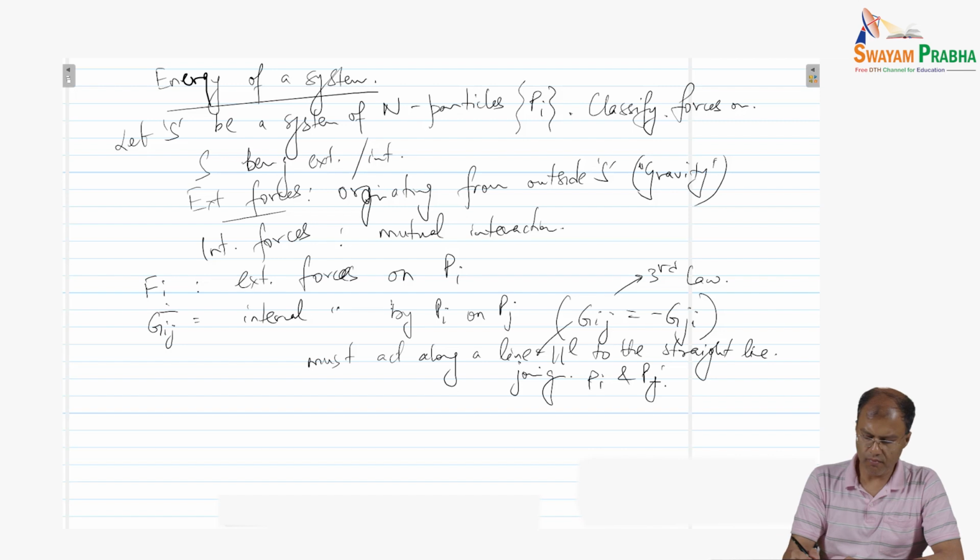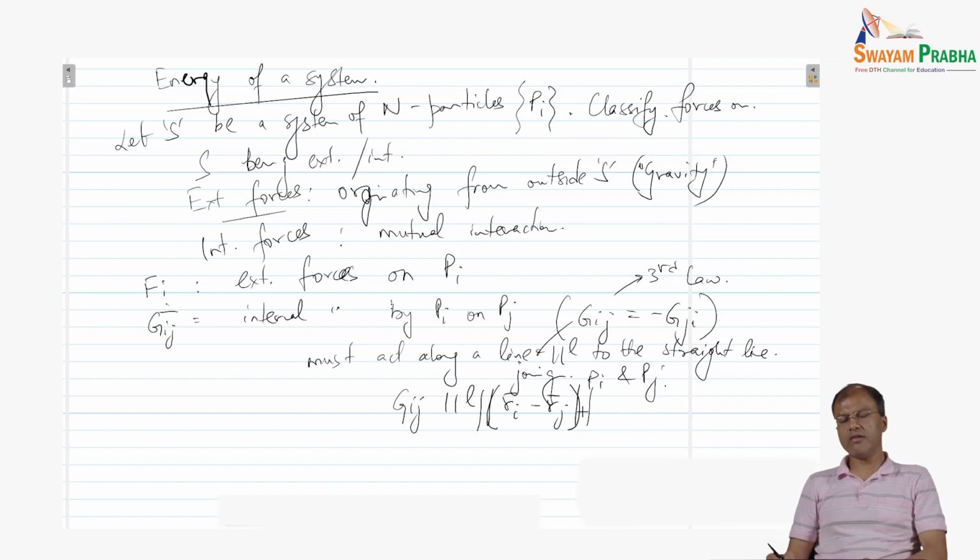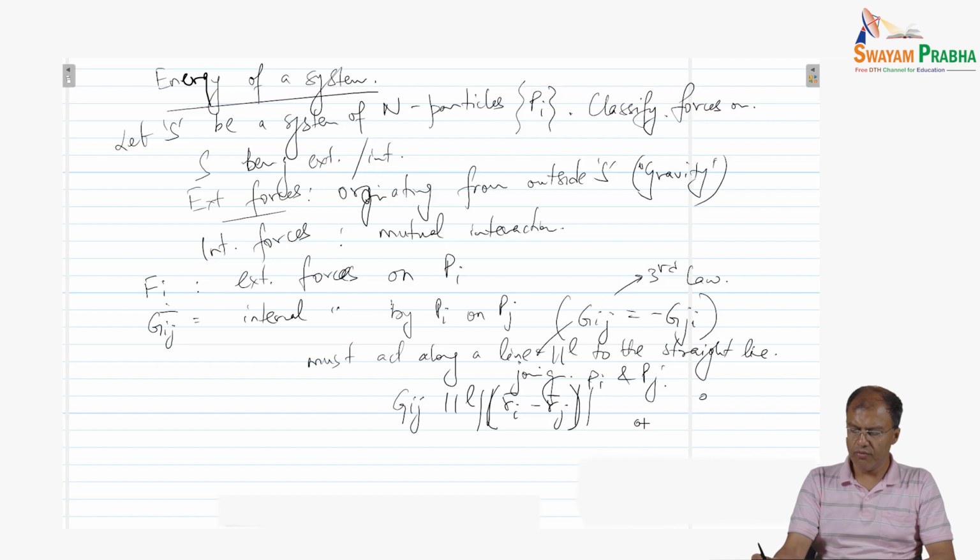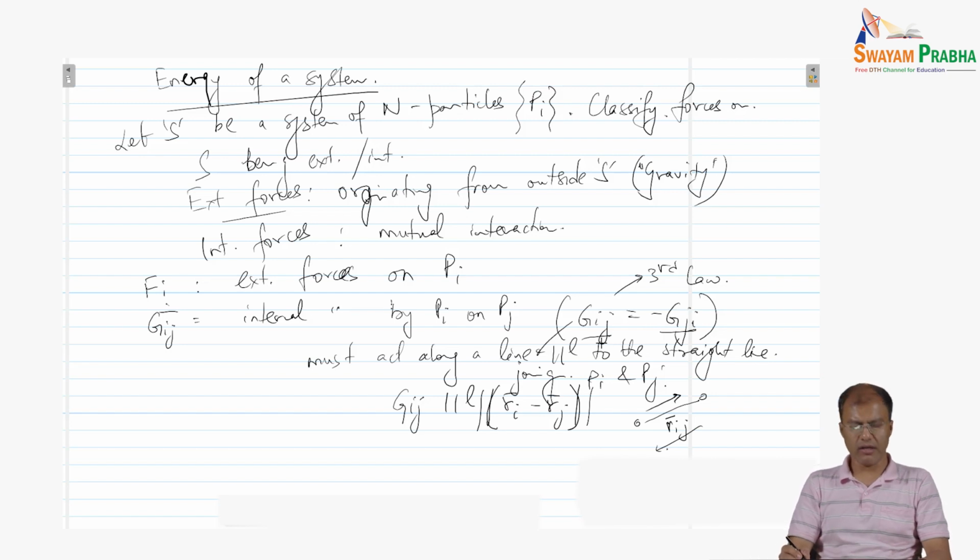So Gij must be parallel to Ri minus Rj, and this is the direction of each of these internal forces. We have two particles where the position vector between the two particles is denoted by Rij. So Gij acts either parallel to this direction or anti-parallel, depending on the case.